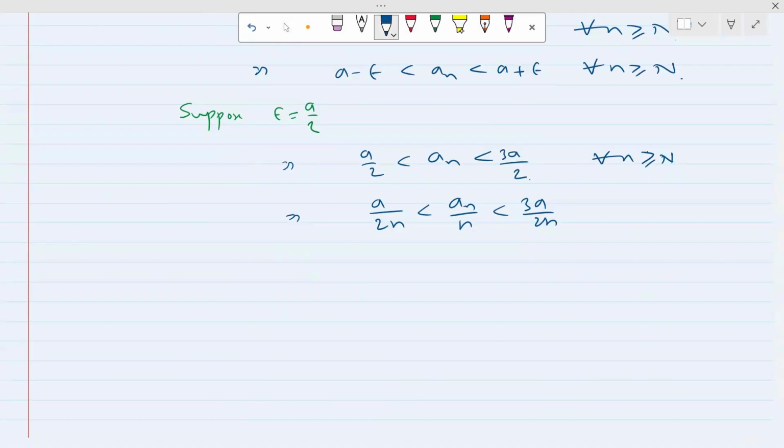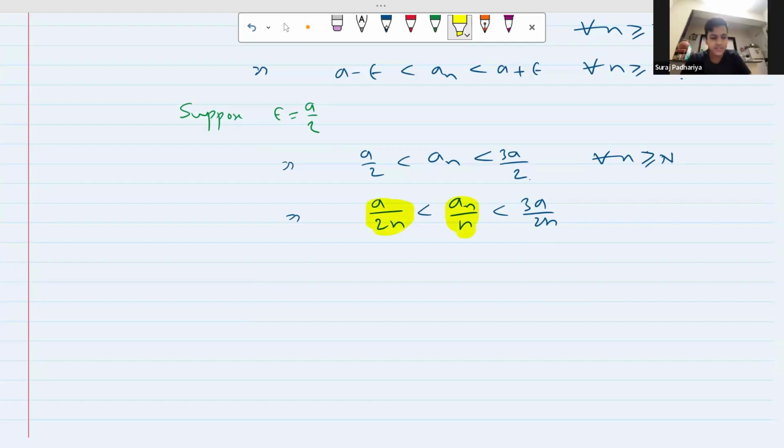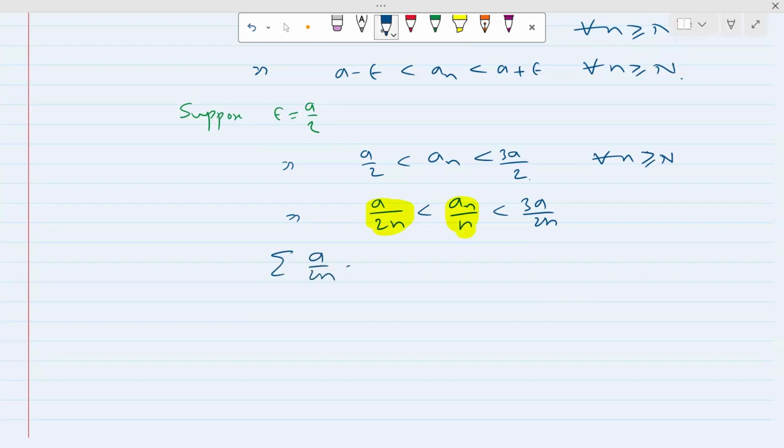So can I say this series is dominated by this series? Sorry, this series dominates this series. And what do we know about summation a by 2n? What can we say about this series? a by 2 is anyway constant, so I can take it out, and summation 1 by n is divergent.